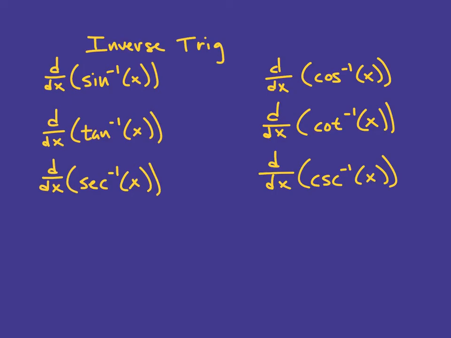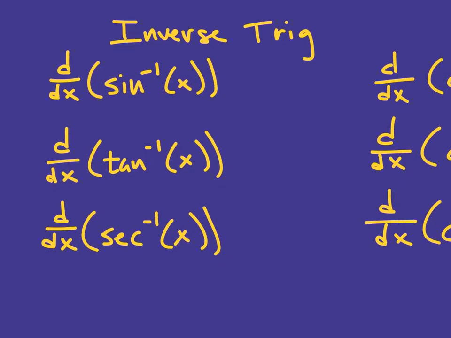Okay, on inverse trig, now this is the dreaded inverse trig. These are a little bit trickier to manage, but they're not too terrible. So I'm going to go through them the same way as I would the regular trig functions, and talk about sine, tangent, and secant first.